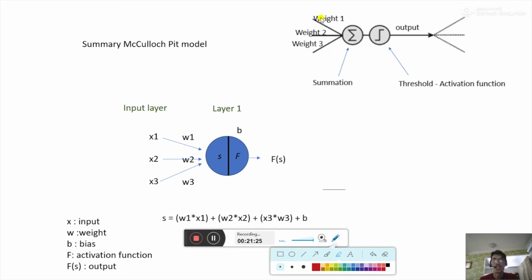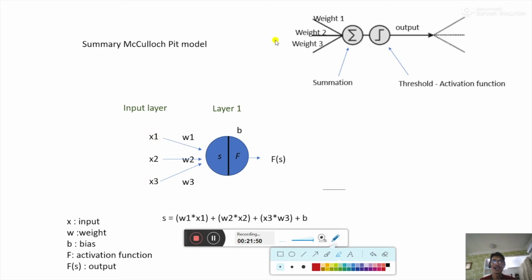You've got 3 axons there, 3 dendrites. So you've got 1, 2, 3. If you've got 3, that means you've got 3 electrical signals. In this case, a signal can be data, any data.